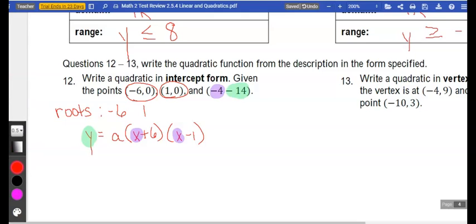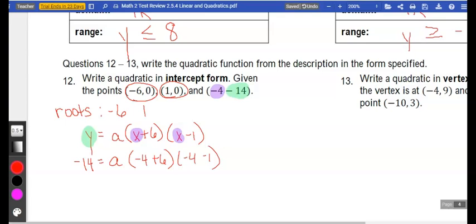You can't solve an equation with a Y, an A, and an X unknown. So I wouldn't be able to do that. But if I plug in a -14 right here, leave my A, and then plug in a -4 and a -4, then I'm going to solve for A.